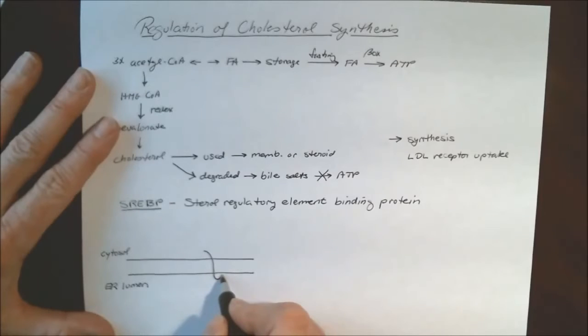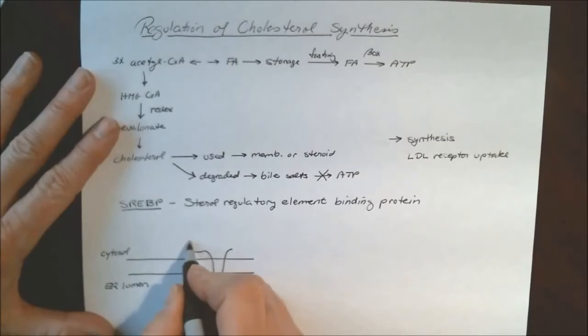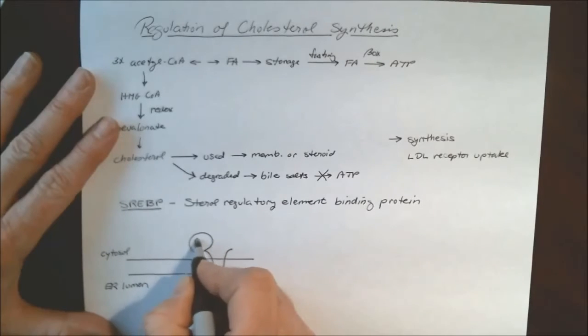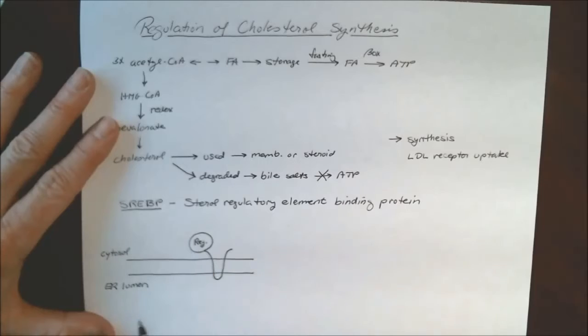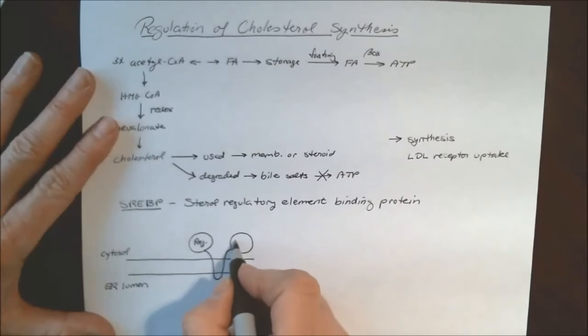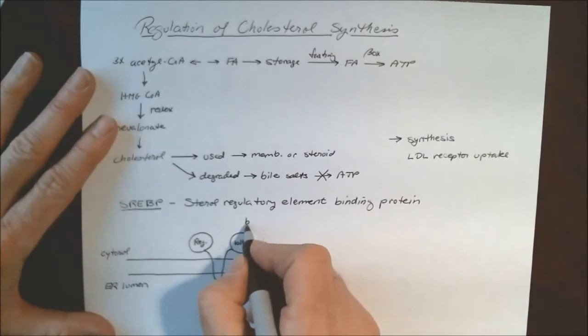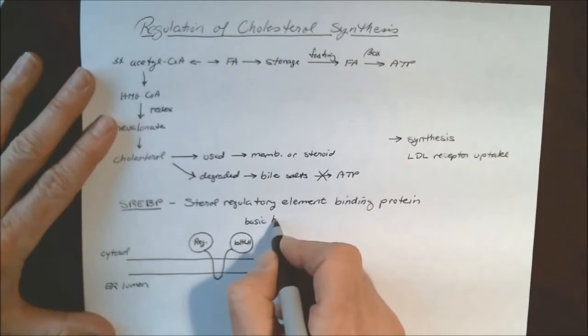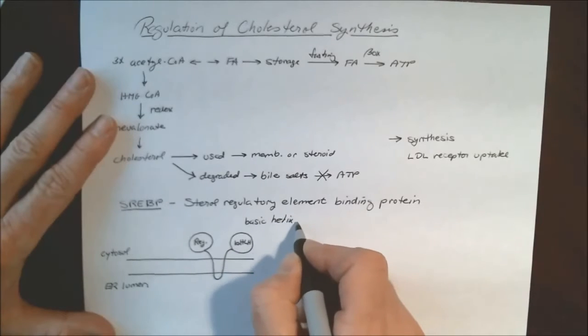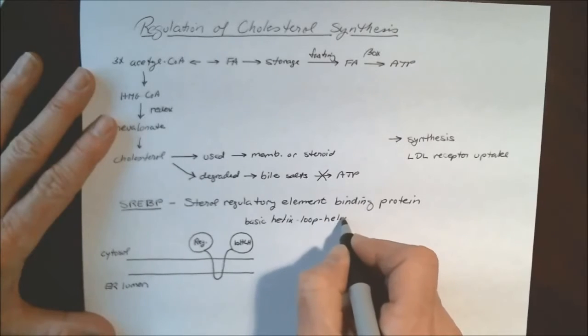This protein traverses the membrane and then comes back, and we have two domains on this protein. One is called a regulatory domain. The other domain is called BHLH. This stands for basic helix loop helix domain.